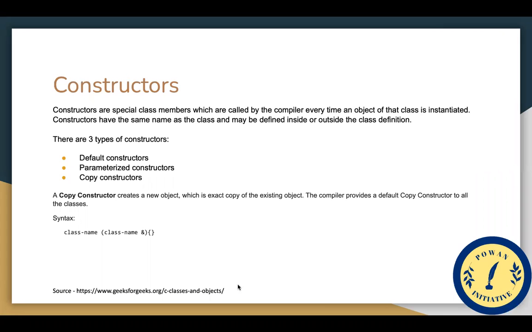The syntax for a copy constructor would be the class name, and within the brackets, the class name followed by an AND operator, and then we can write the definition of the copy constructor as per the requirement.